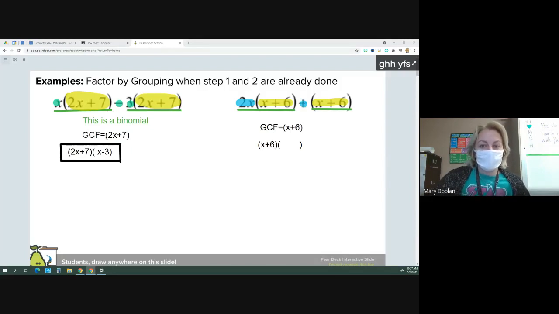I don't see anything here. So yesterday when that happened, when we factored out everything, we had to put a 1 there in its place, right? And so I can do that. I can think about just multiplying by a factor of 1 anytime I'm missing something. And now I have a complete binomial to put in this parenthesis here, 2x plus 1.